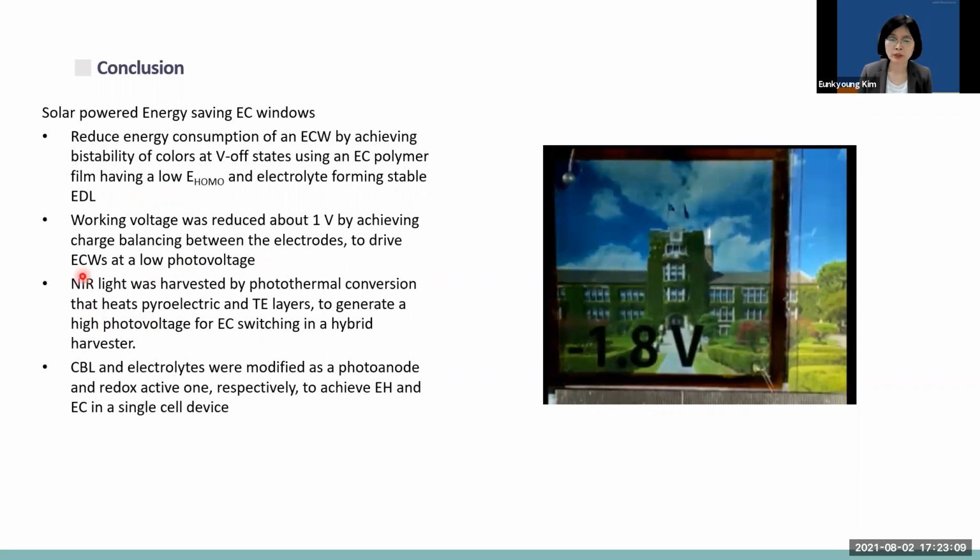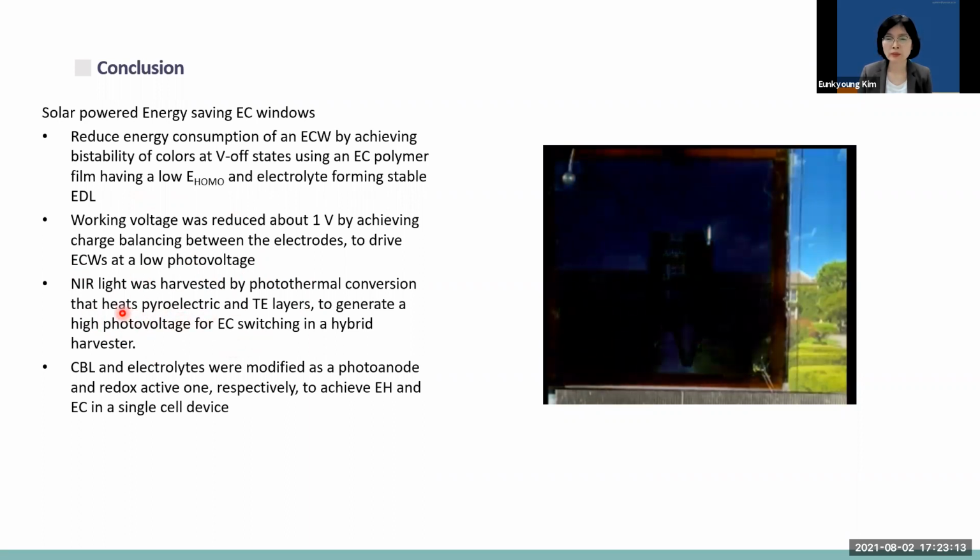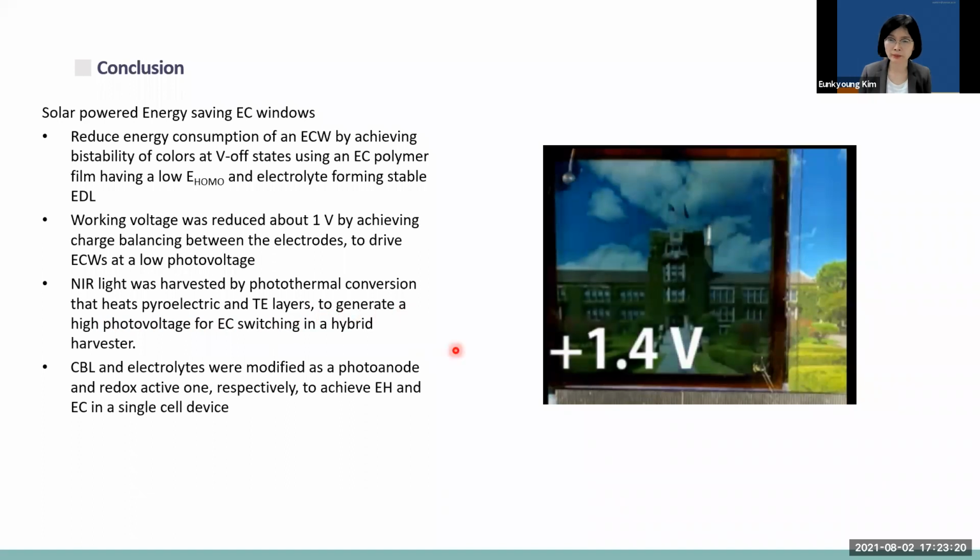Annihilated energy typically transmitted from the typical dye-sensitized solar cell was harvested by photothermal conversion that heats the pyroelectric and thermoelectric layer to generate a higher photovoltage for EC switching in a hybrid harvester.